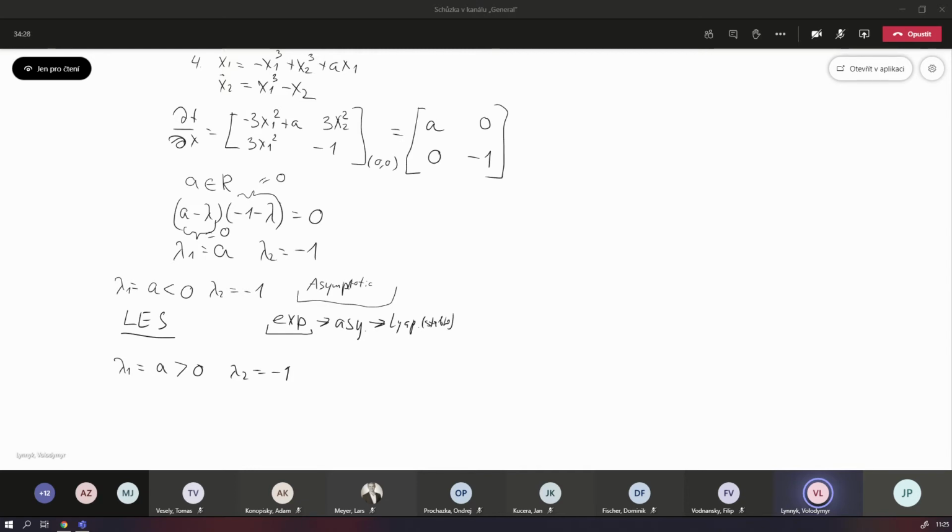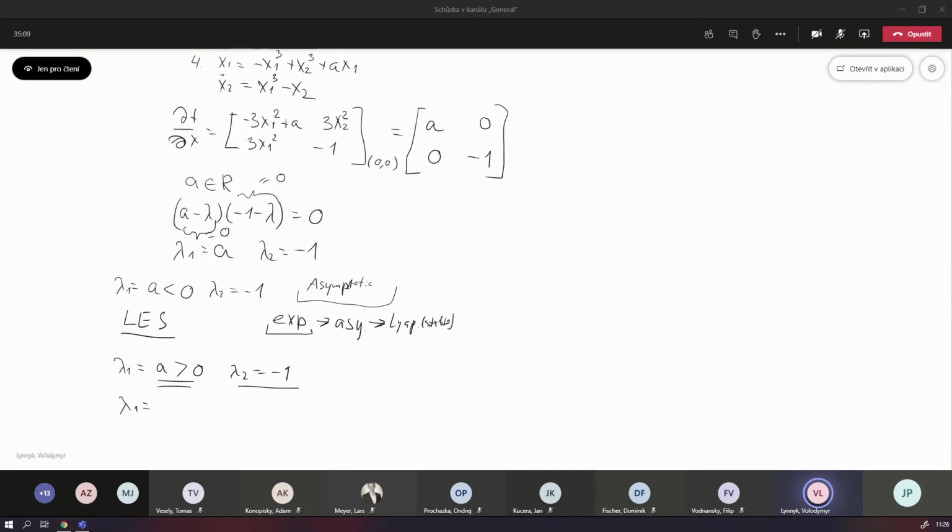What we can say about the stability of this system when a is positive? It's unstable. We know that this is unstable because one eigenvalue is negative and the second one is positive. And we know that this is a saddle point. Yeah, you don't need to know if this is a saddle or not, but only for your information. Yeah, and okay, unstable.